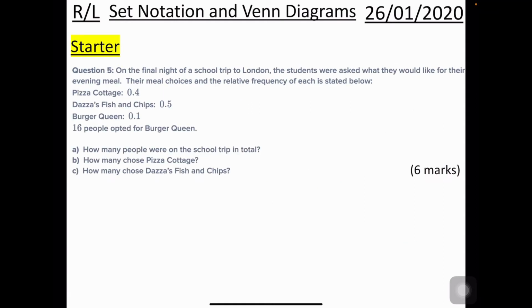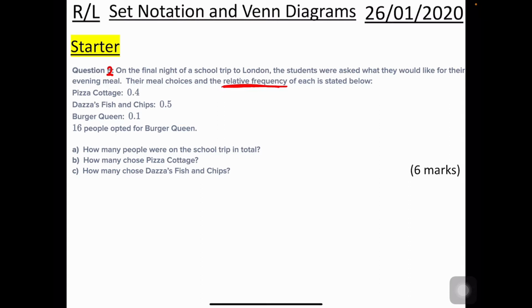Moving on to question 2. On the final night of a school trip to London, the students were asked what they would like for their evening meal. Their meal choices and relative frequency of each are stated below. So this is something you'd highlight. Pizza Cottage 0.4, Daz's Fish and Chips 0.5.